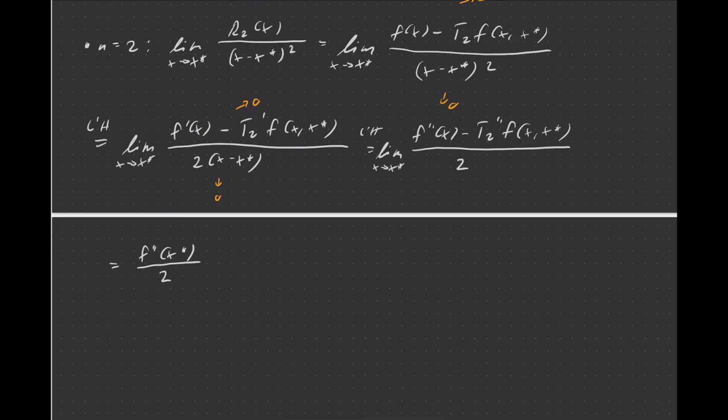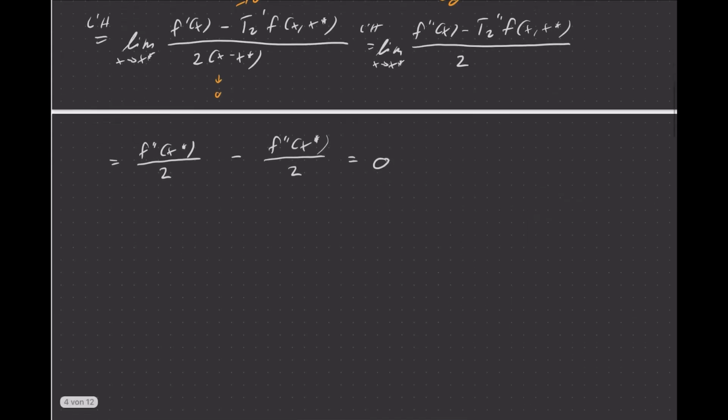And for the limit of the Taylor polynomial, what happens here, of course, is that the second derivative of the Taylor polynomial agrees with the second derivative of f at the point x star. So we get the very same result here. This is minus f double prime at x star over 2. So again, the result here is 0.